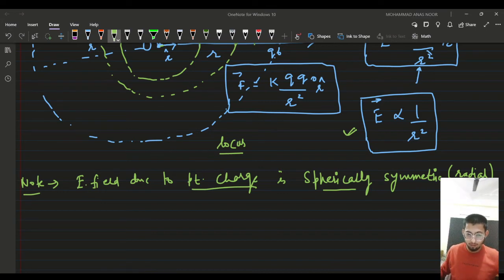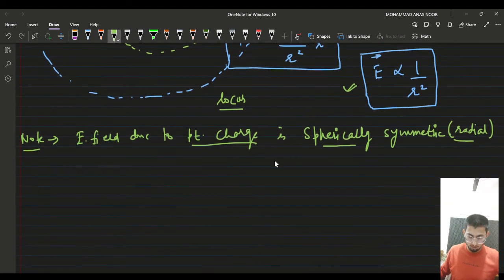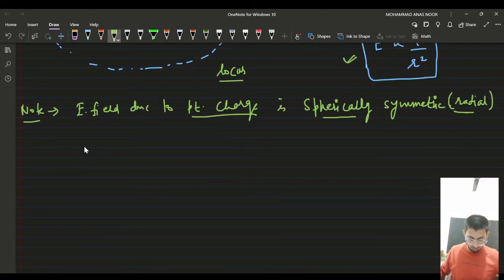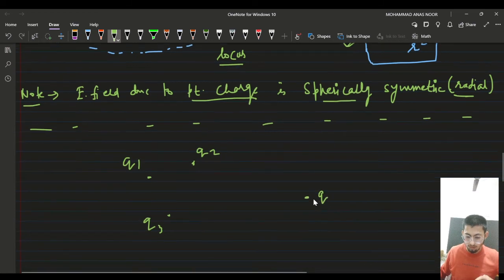Now if you want to find the electric field due to a system of point charges, for example, I'll tell you this in a very short time. Suppose we have a charge q1 here, another charge q2 here, and another charge q3 here. We want to find the electric field at this point where a charge q is placed, correct? So what we would do is, each charge would be emanating some electric field of its own.